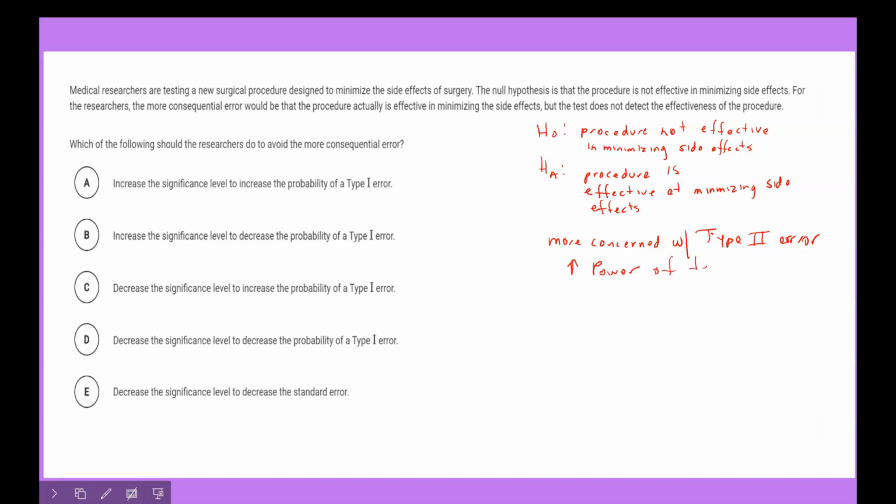So what are ways you can increase the power of the test? Well, you can increase the significance level. If you increase the significance level, that increases the probability of making a type 1 error. So that looks like a good choice, but let's go through the others. If you increase the significance level, it decreases the probability of making a type 1 error.